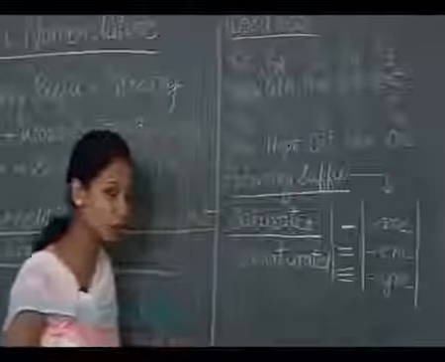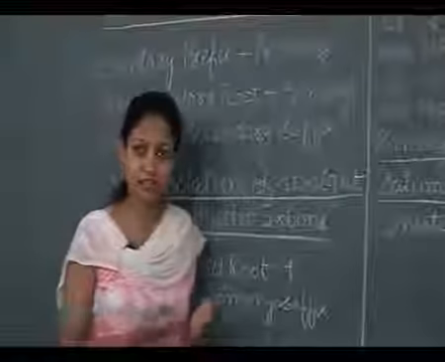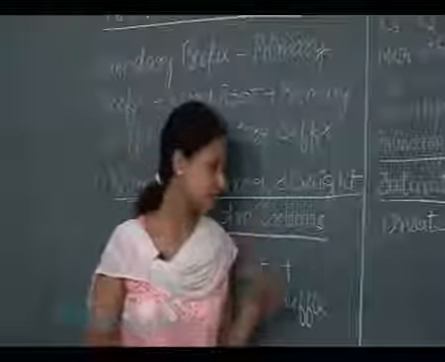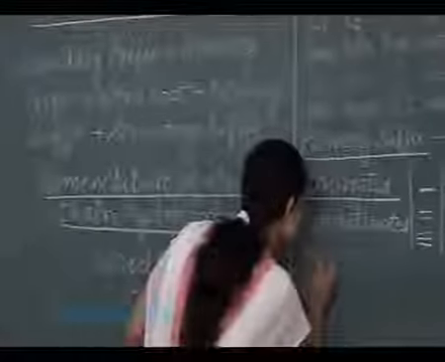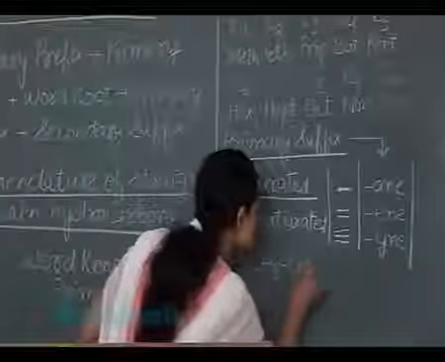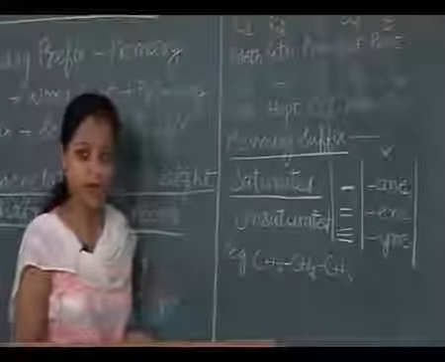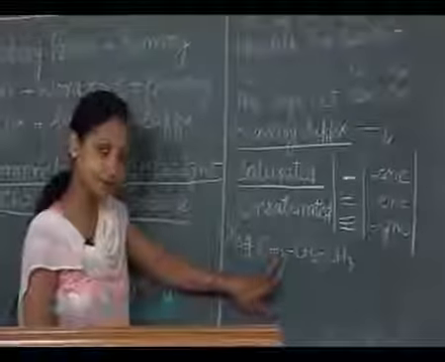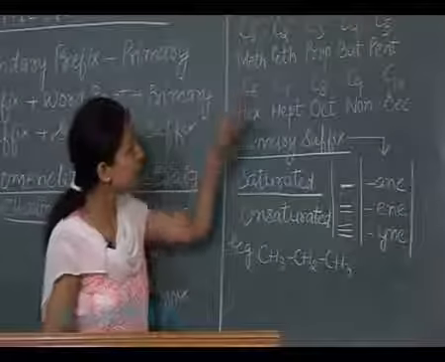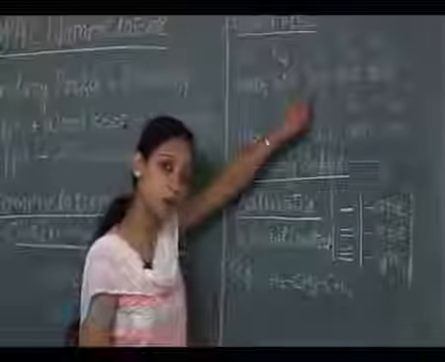Now we have studied about the word root and primary suffix. Now we can easily write the name of the organic compound. Let us do with an example. Now CH3, CH2, CH3. Now just see how many carbon atoms are present here: 1, 2 and 3. C3 carbon atoms are denoted by the word root prop.